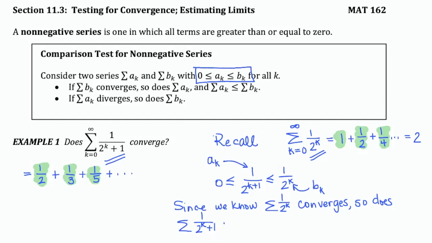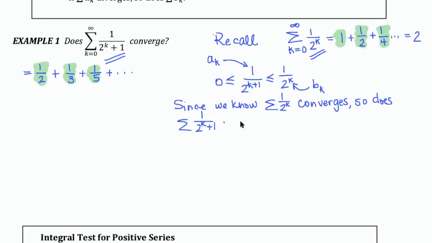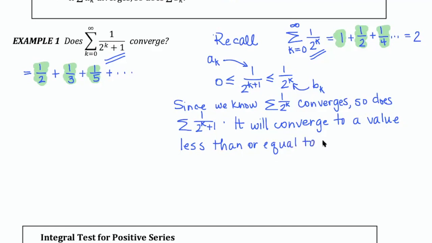Now, in addition, there's this extra condition here. Once you've established the convergence, what you converge to is going to be smaller than or equal to what your comparison series converges to. So the last thought we can add here is we can say it will converge to a value less than or equal to 2.